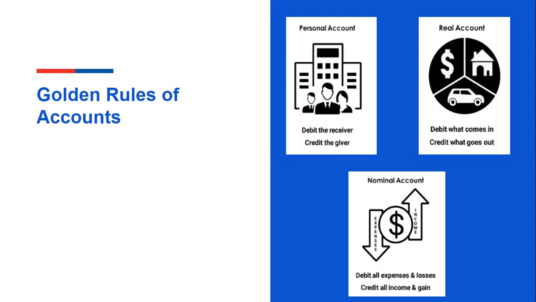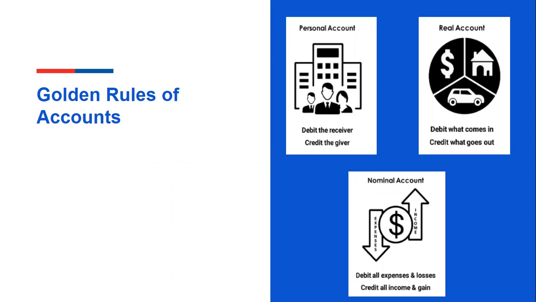If expenses and losses are involved in the transaction, you treat as debit. And if income and gains are involved, you treat as credit. Suppose you are paying rent: rent is an expense, and expense you treat as debit. And if you earn income, you treat it as credit.